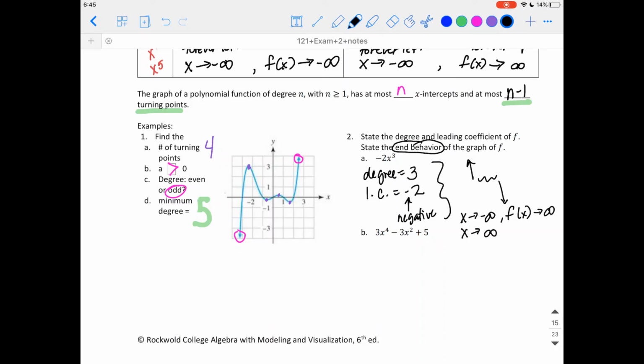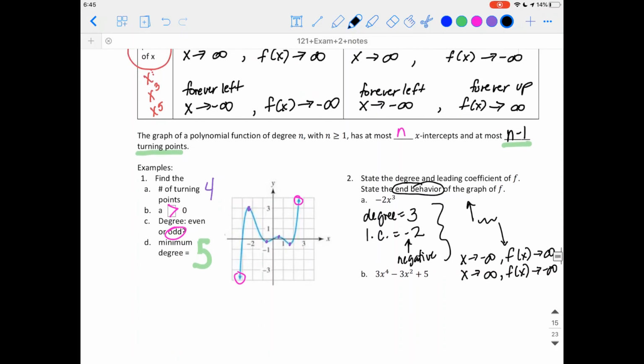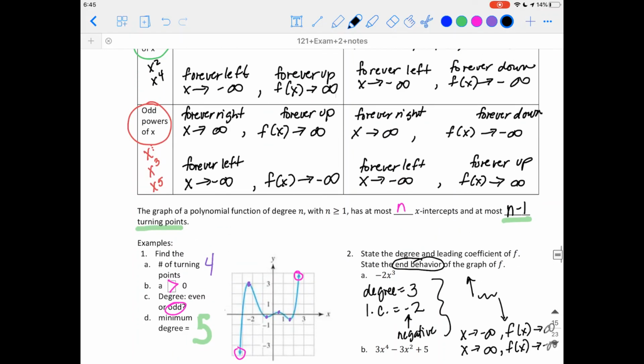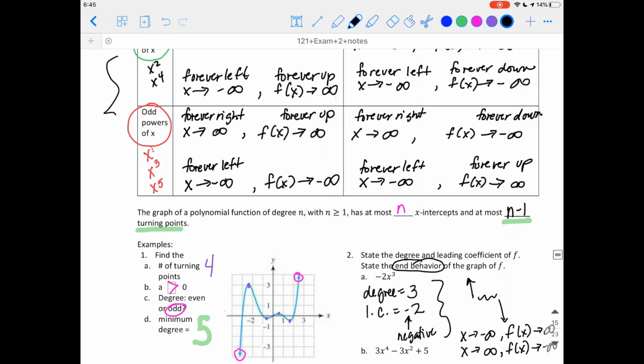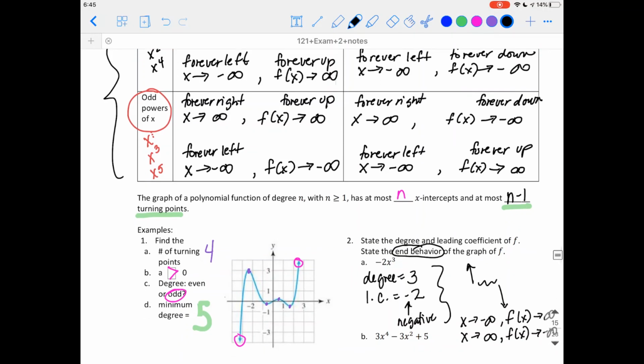And as x heads towards infinity, which is forever right, my y values, which are f of x, are headed towards -infinity. And that goes using this table that we just did up at the top. So odd power, my a is negative. It should mirror this right here.